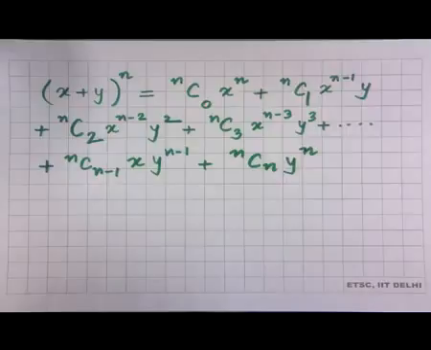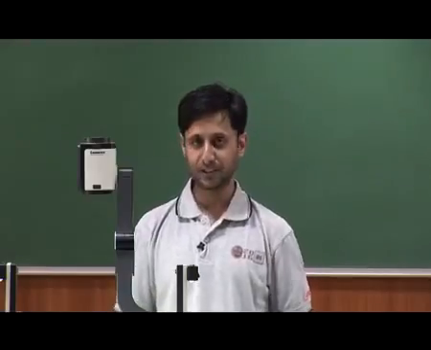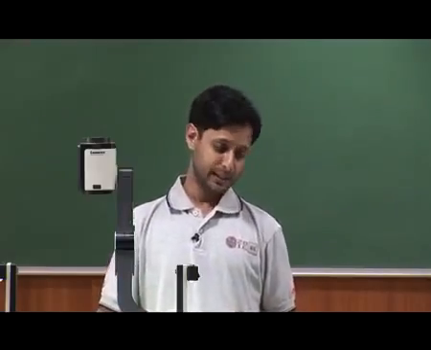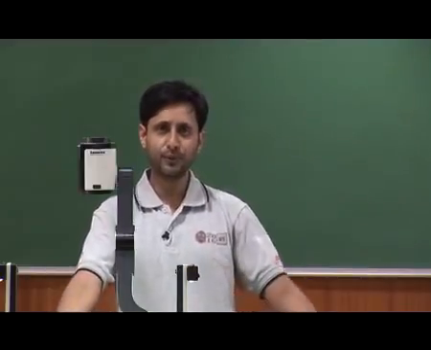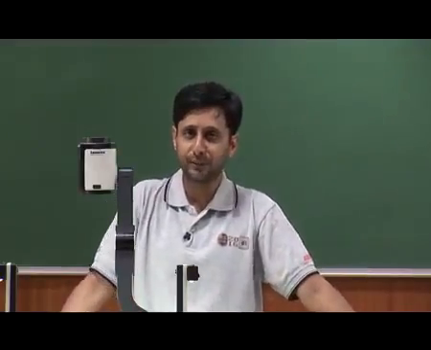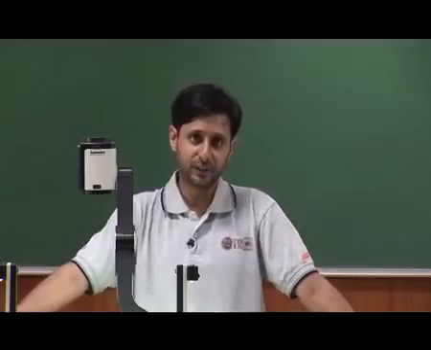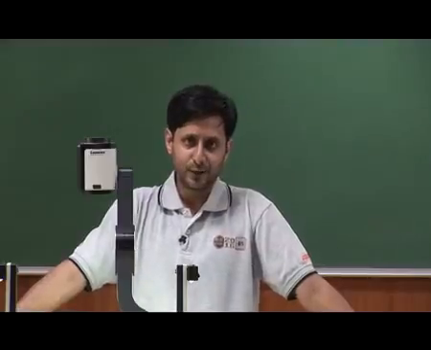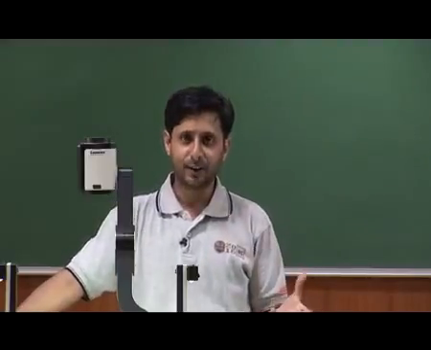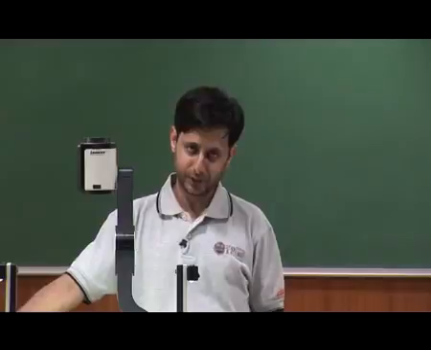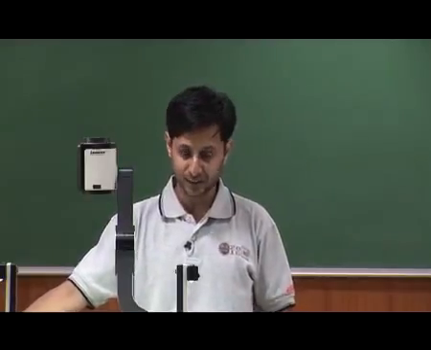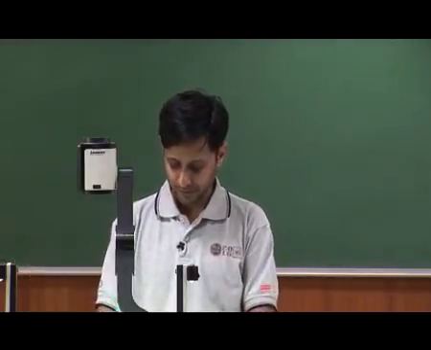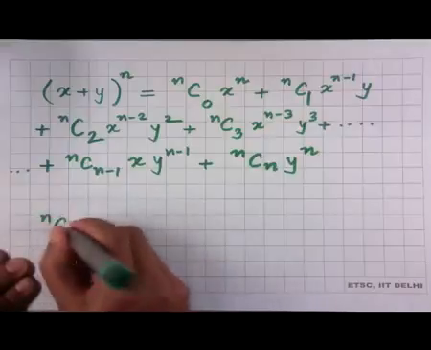Okay. So, this is the binomial theorem, right. Now, this we had developed intuitively. You can also prove it with the method of induction, etc. Now, n choose 0, n choose 1, these are all from combinatorics, that is n choose r.